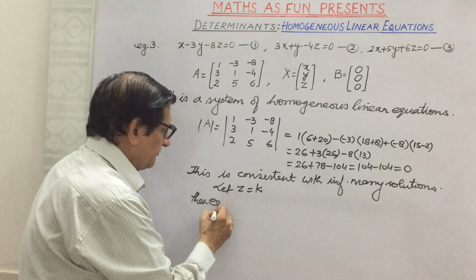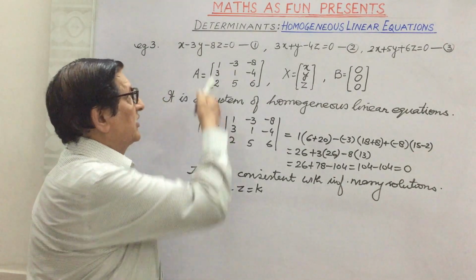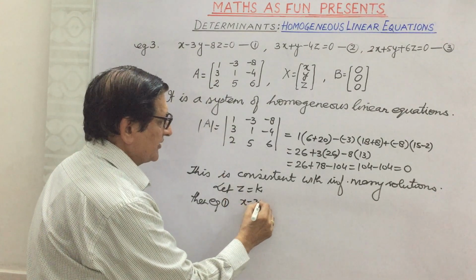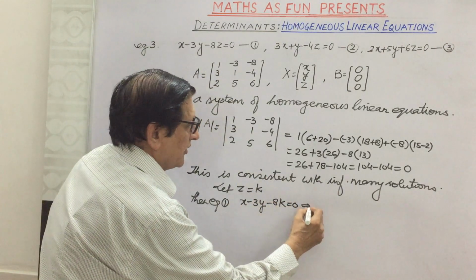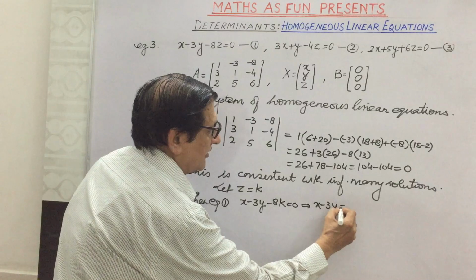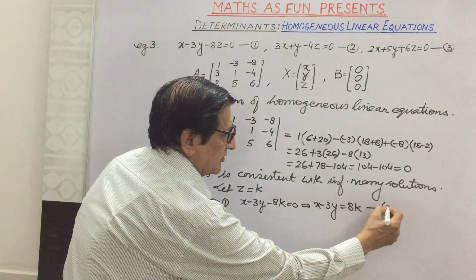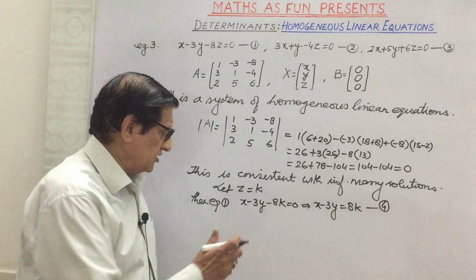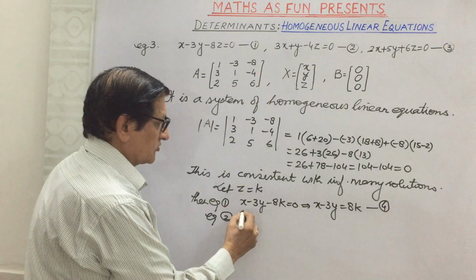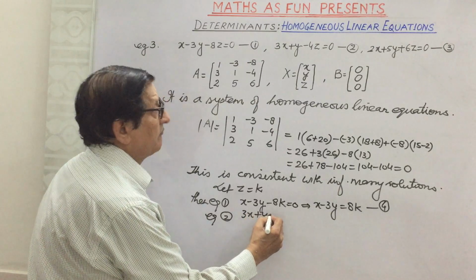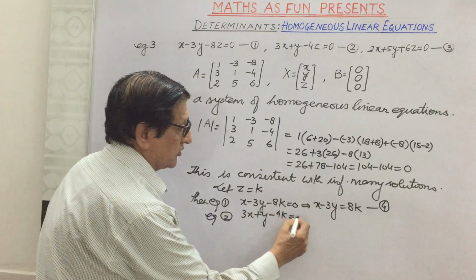Then equation number 1 will give us x minus 3y minus 8k equal to 0. It means x minus 3y equal to 8k. This becomes equation number 4. Equation number 2, we are getting 3x plus y minus 4k equal to 0.